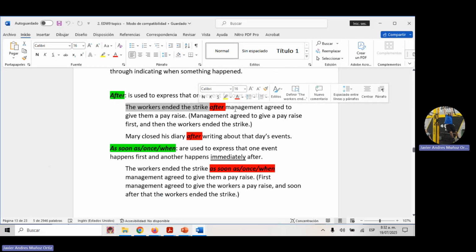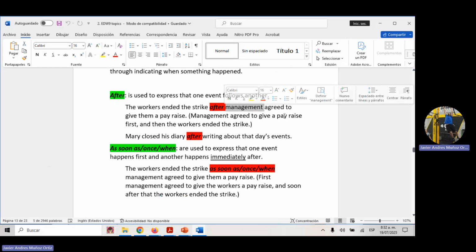So the first, in terms of time, yesterday management agreed to give a pay raise to the workers. This happened yesterday, and today the workers ended the strike. So this is the organization of events. Okay?